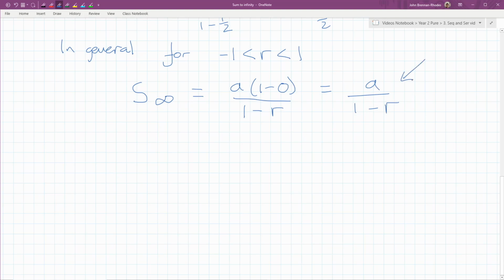So you can just calculate it straight away. And this is in the formula book, the sum to infinity of a geometric series. Takes a little bit of time to get your head around, but just listen through what I just said, read through the textbook, see if you can get a good idea of it.